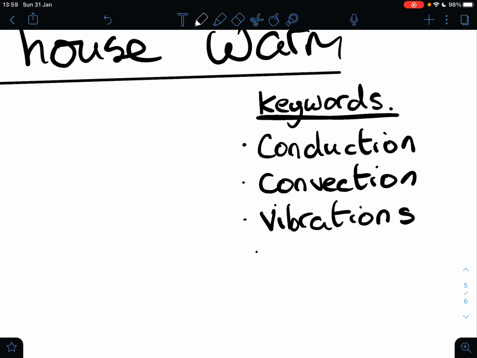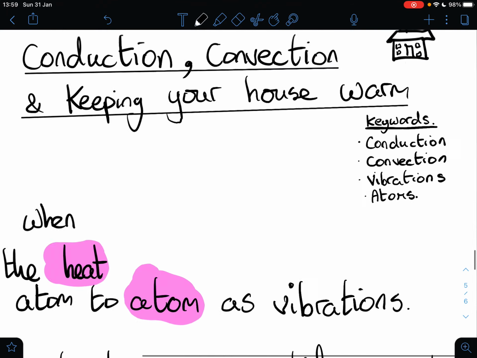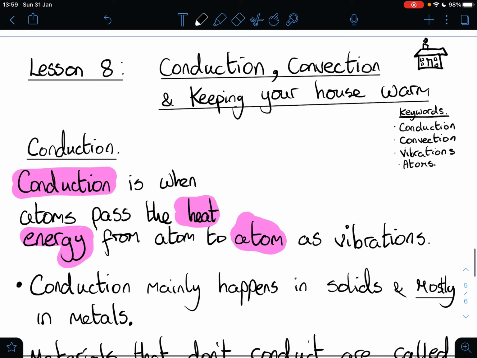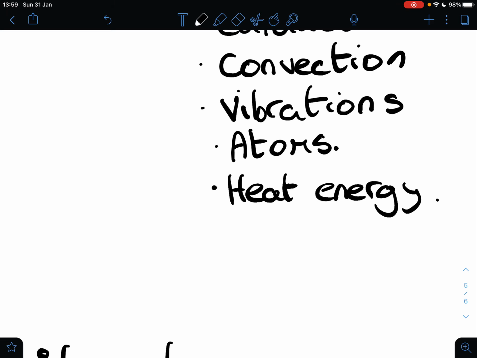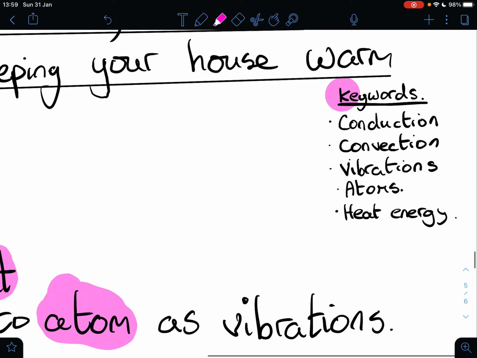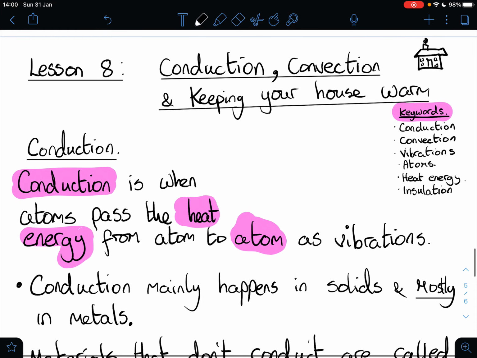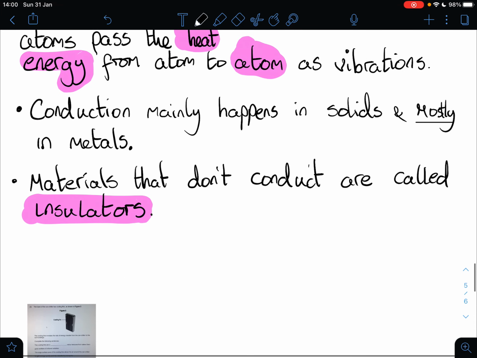And we've talked about the vibrations of atoms. Heat, atoms, heat energy. Yep. Okay, so that's where we're up to with our keywords for now. Oh, and obviously the one that I've just written, insulator, which is the opposite of a conductor. Okay, so that's where we're up to at the moment.